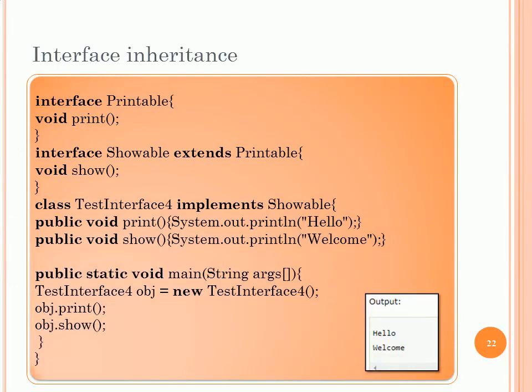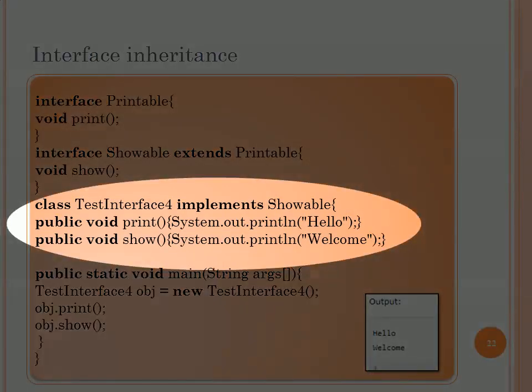Now, we are creating a class called testinterface4 which will implement the interface showable. Since the interface showable has the function show plus print, because don't forget it is a subclass of the interface printable, testinterface4 will be implementing both functions. Print will print hello, show will print welcome.